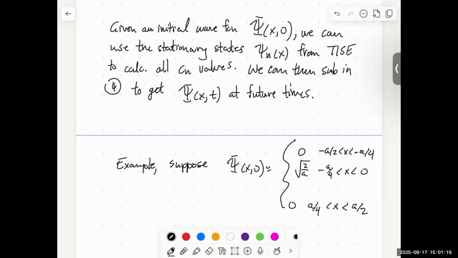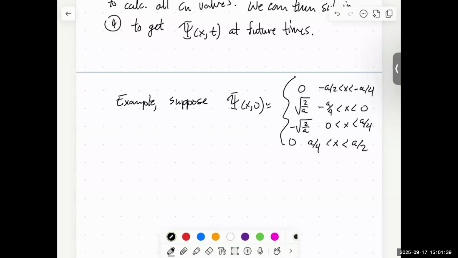And then it'll be minus root 2 over a from 0 to a by 4. I picked these values just so that the wave function is normalized. Okay, so it's normalized and it has the right boundary conditions, so it's a valid starting point.